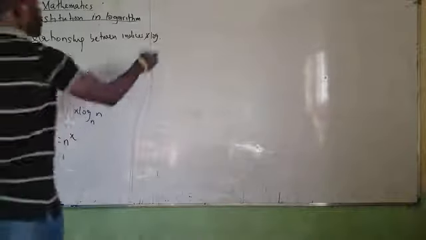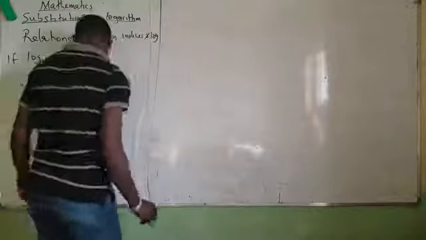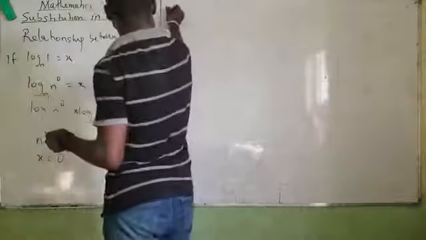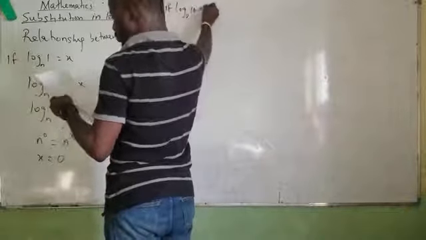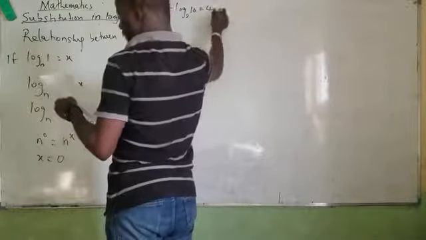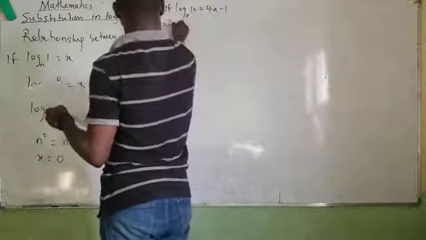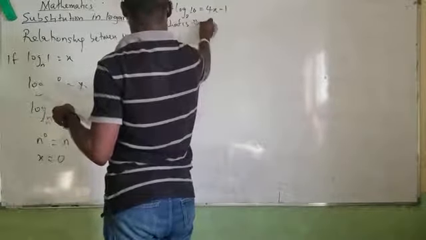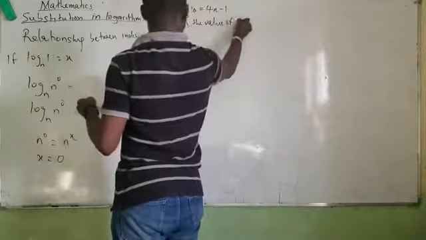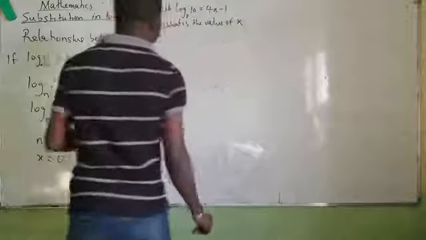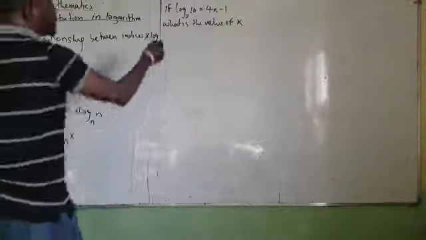Okay, let me show one problem that is being said somewhere. I wrote it here. If log base 2 of 16 equals 4x minus 1, what is the value of x? It's a very simple question.